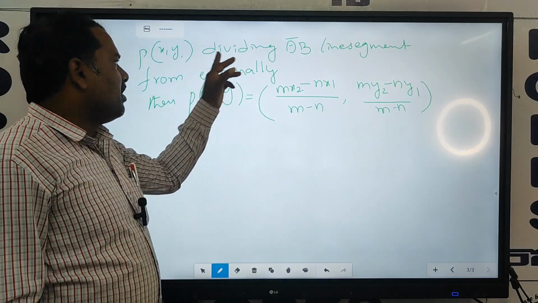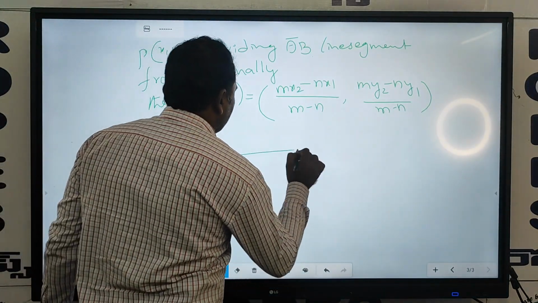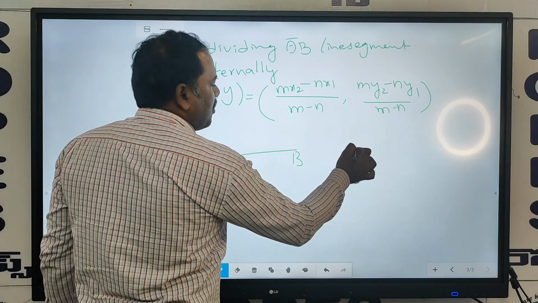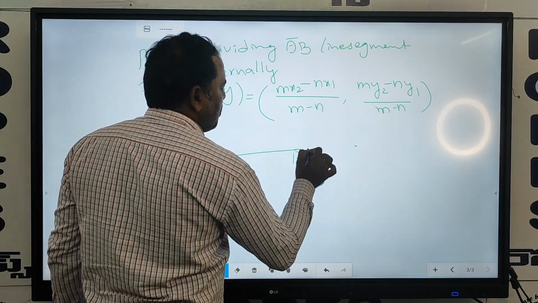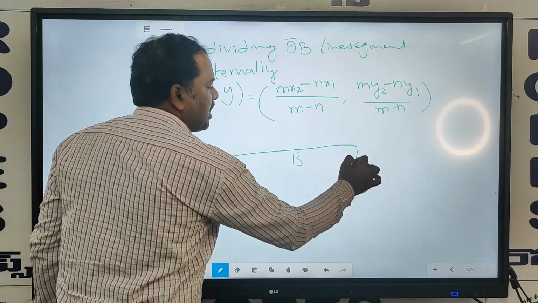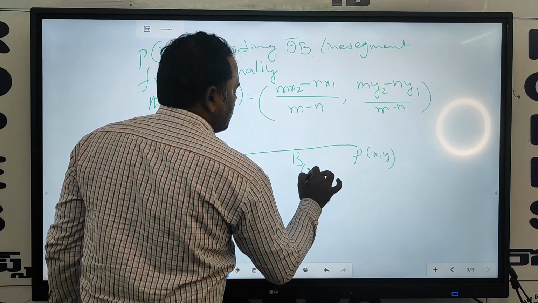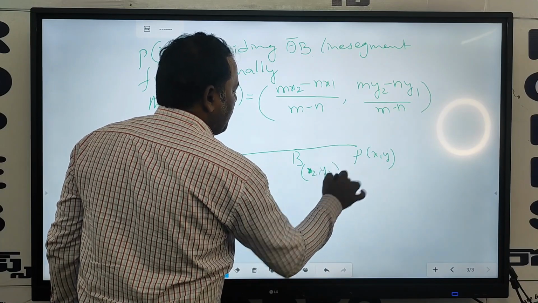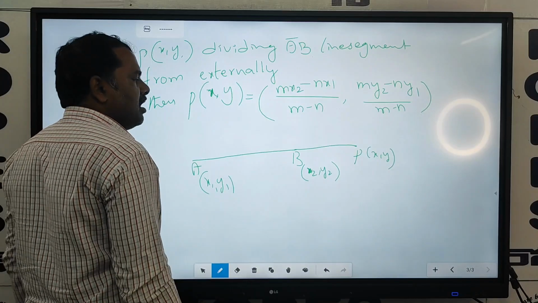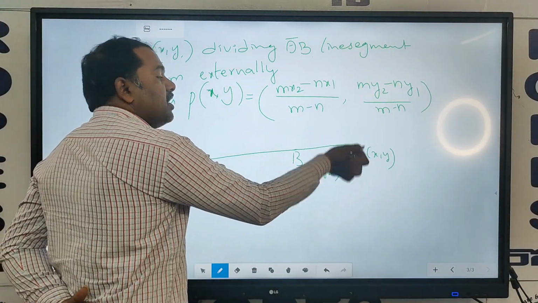When P is dividing the AB line segment externally, see the round diagram, it is the AB line segment. Now here P is there. Now P is dividing this AB externally. P (x, y), B (x2, y2), A (x1, y1). Now here P is dividing AB externally.